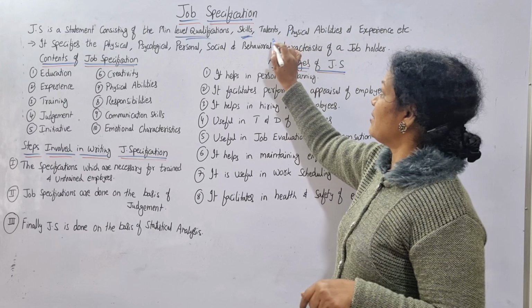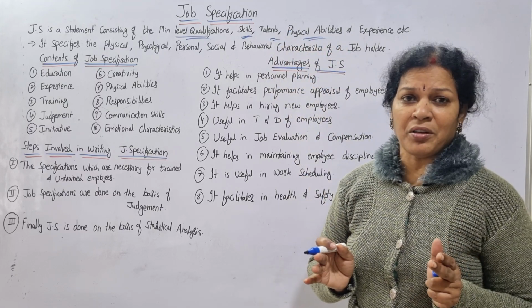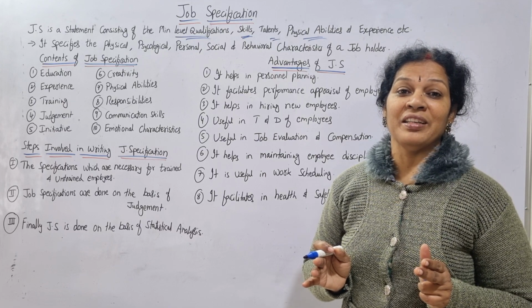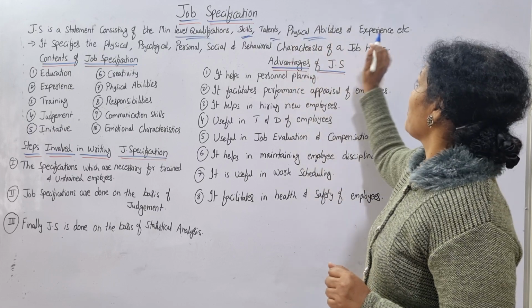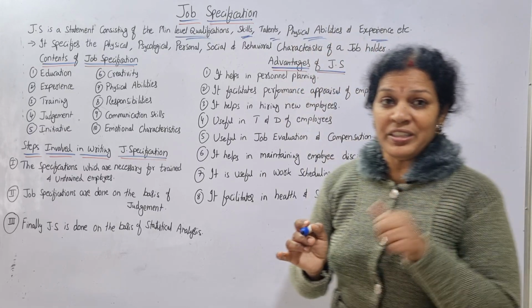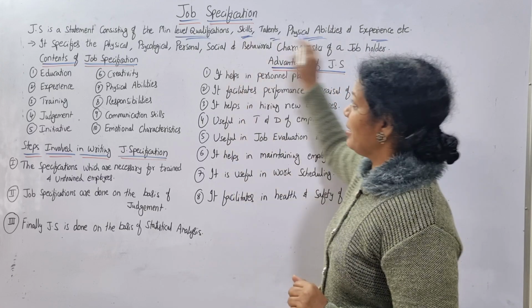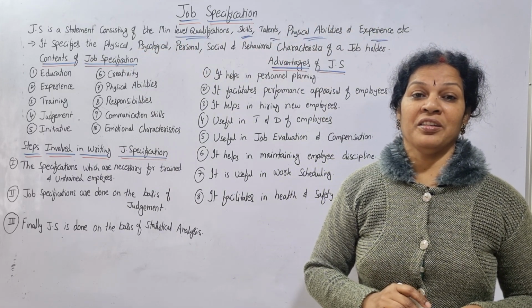What are those skills and talents, physical abilities, whether he is physically fit or not. If we recruit any employee who is not physically fit, later you have to repent. That is why you have to see the physical abilities also, and also experience, if he has any experience. So that also we consider. All these things together we can say as a job specification.